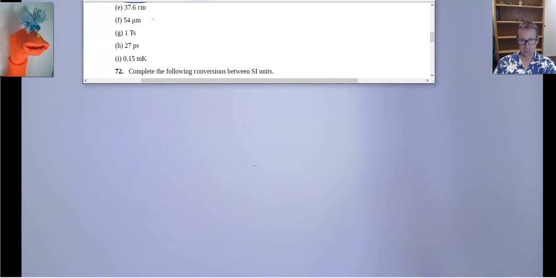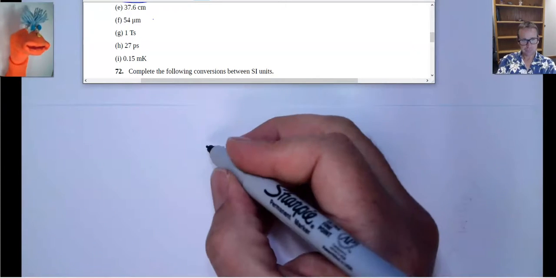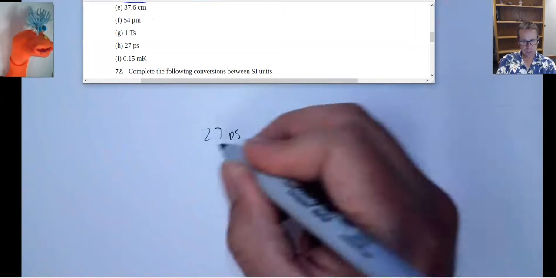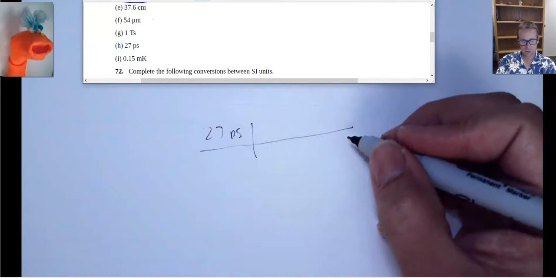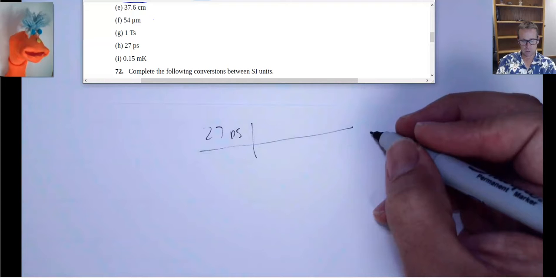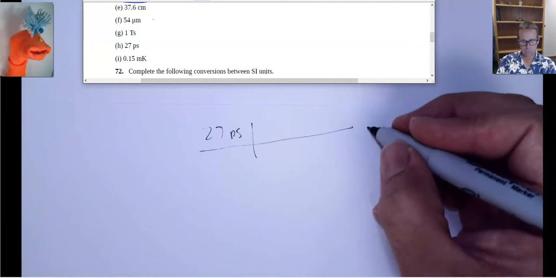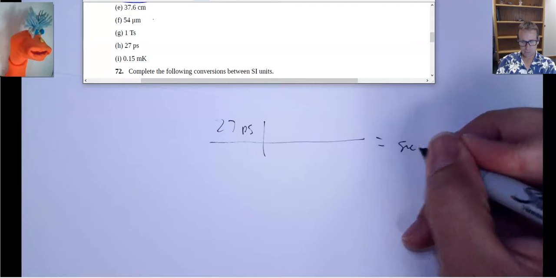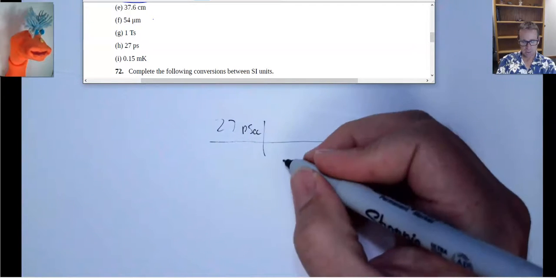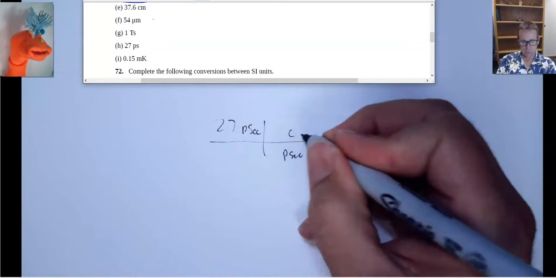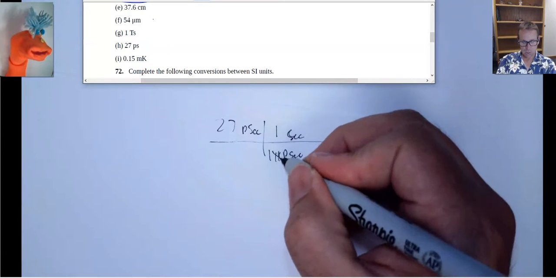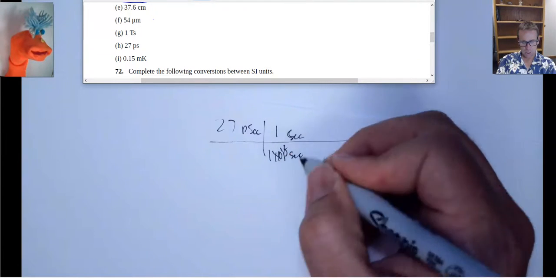27 picoseconds. Any ideas how many seconds? Just divide by 10 to the 12th. That's right. Good job. So I want this in seconds, and this is in picoseconds. 1 second is 1 times 10 to the 12th picoseconds.